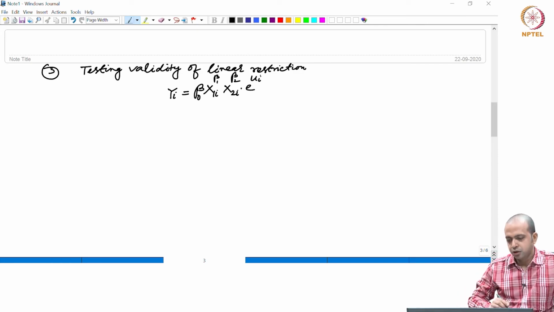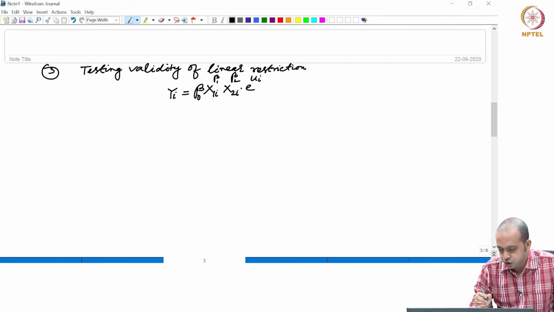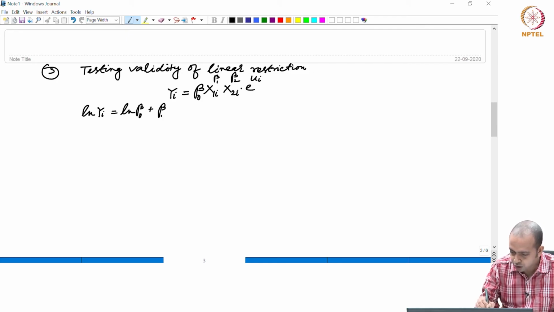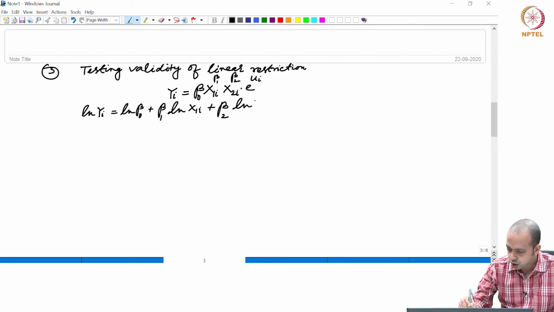And after linearization, if you take log of both sides, log yi equals to log of beta 0 plus beta 1 log x1i plus beta 2 log x2i plus ui.